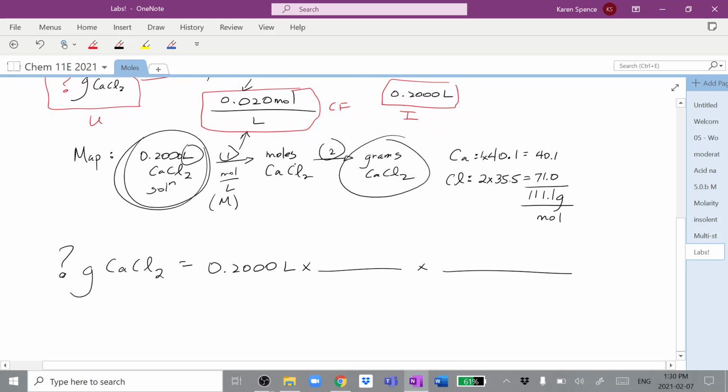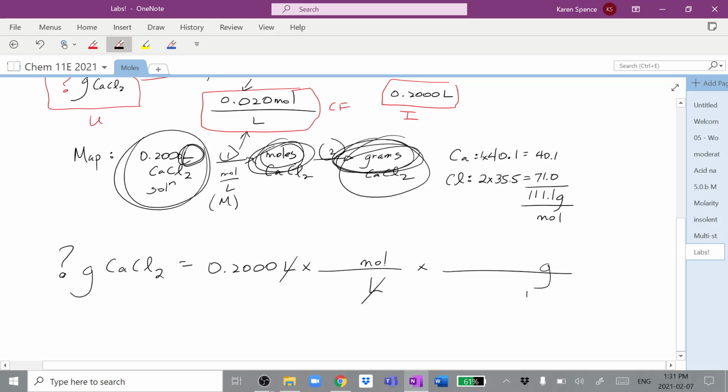First step, I want to cancel my liters and find my moles. So I'm going to put liters down here and moles up here. This is another way of doing problems: sometimes I'll just go through and stick in all my units first, and then I'll put in my numbers later. So my liters are going to go away. Now I have moles. I want to go from moles then to grams. So that's grams.